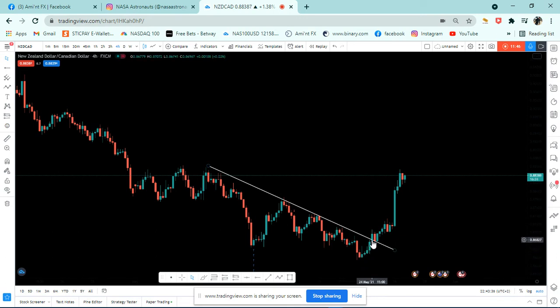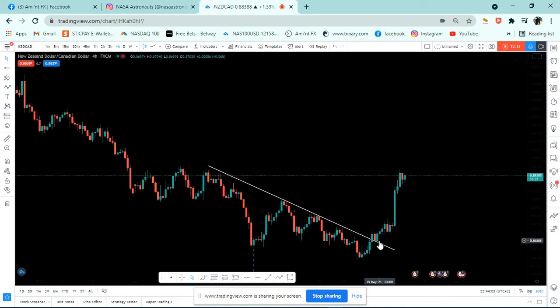You have this bullish candle. Then we have a retest with a red bearish candle. Then what we see after the retest on the trend line, which was our resistance, is that here it is being retested as our new support for this pair.